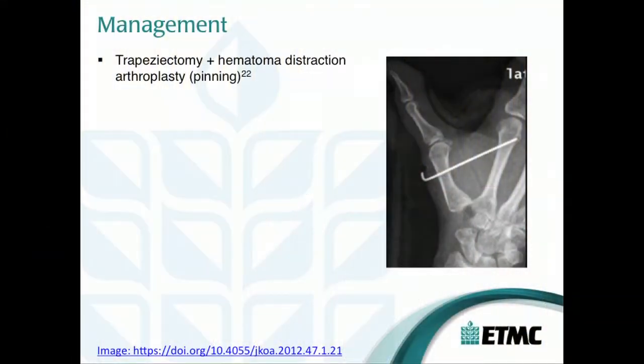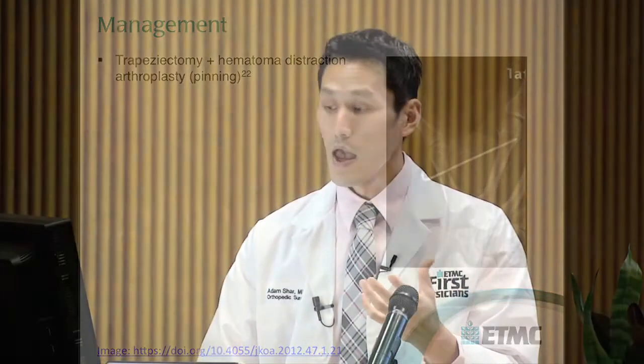And the idea behind that is that if the bone over here has been removed, then theoretically, this metacarpal bone can subside, meaning it can migrate towards these little carpal bones. And you can get to a point where this bone is now touching this bone because there's nothing holding against it. Well, with the pinning, what it does is that it basically puts the bone in a more anatomic position. So it prevents the bone from coming down and touching the scaphoid bone, which is over here.